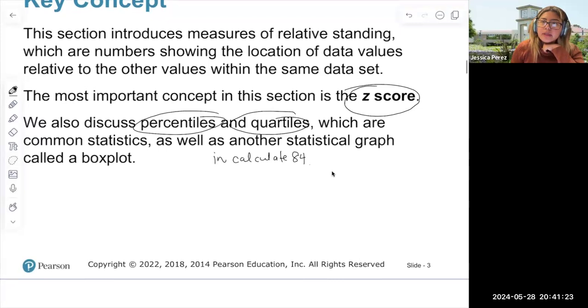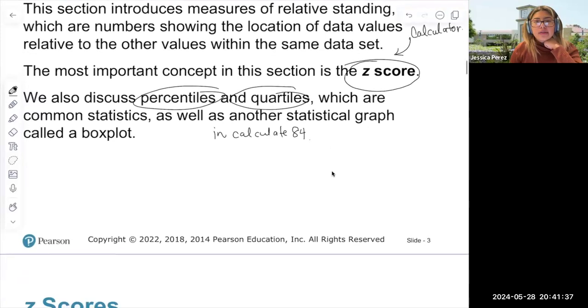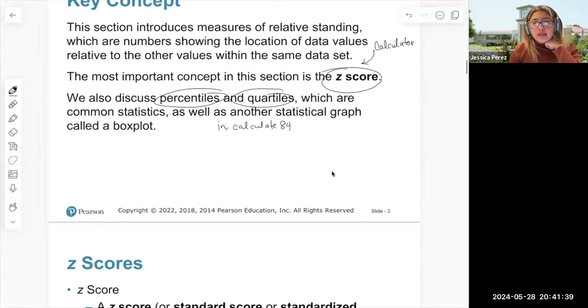And then we're going to be doing box plots. There's a way to find z-scores using your calculator, but I want to show you this by hand. So you can use your calculator to find a z-score, and you can also do it by hand. That's what we're going to be learning today.